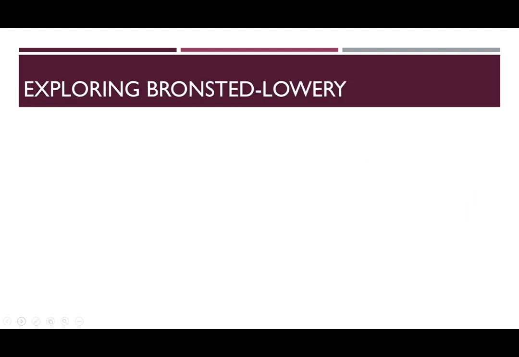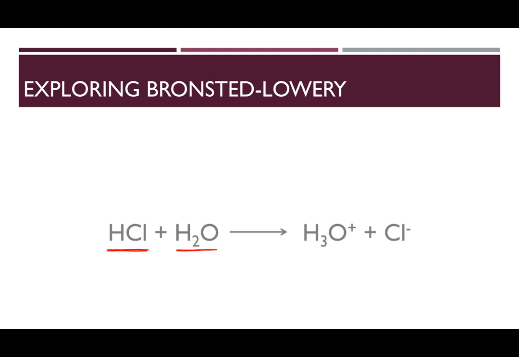So let's look at some examples here. Here we see that we're using hydrochloric acid again. So no surprise what this is going to act like. It's going to act like an acid. So we're going to mix hydrochloric acid with water. In this case, if we're mixing these two together, something has to be acting as an acid. And if something's acting as an acid, the other guy has to be a base.